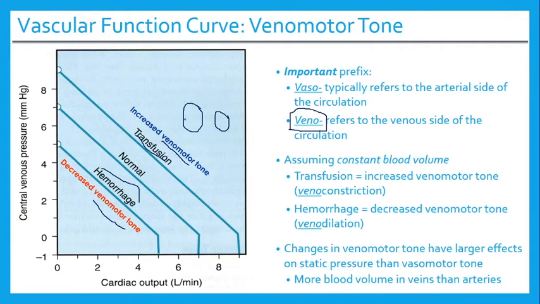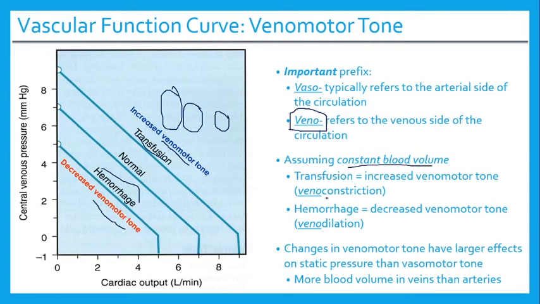Venodilation would be going from, let's say, this normal size vein here, whatever you want to call it, to a larger radius, right? And that would do the opposite. That would drop resistance and therefore drop pressure within that vein. And that's sort of what you're seeing here if you had a constant blood volume.